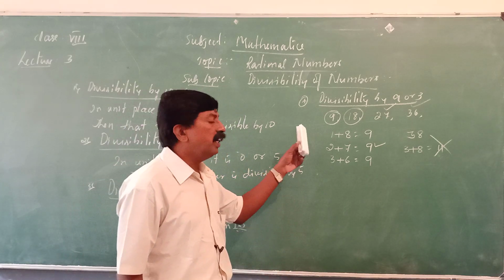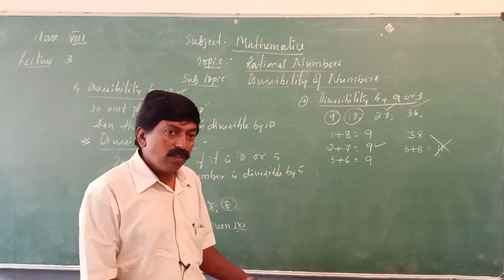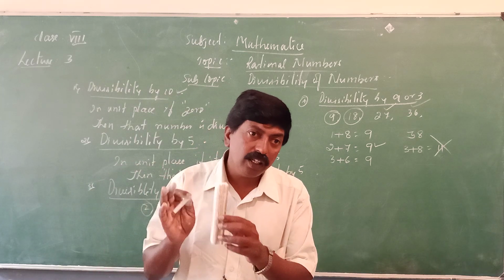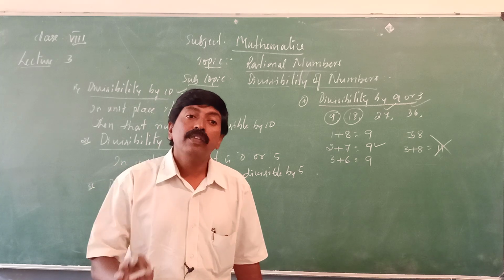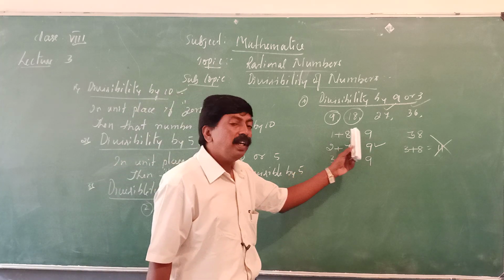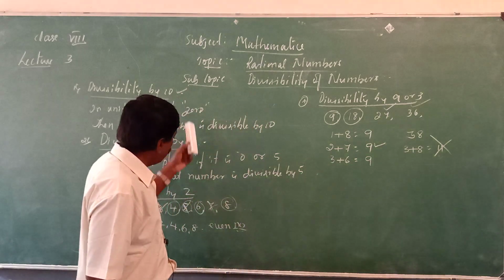Remember what we did here. For whatever numeral is given, if the sum of all digits in the numeral is divisible by 9, then that number is divisible by 9. So remember this divisibility test; it differs from the other three rules.